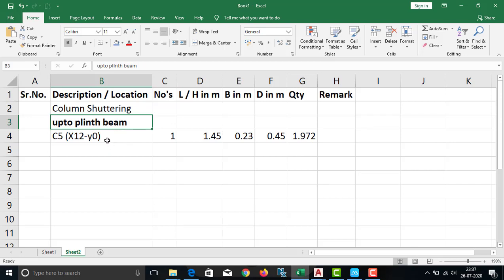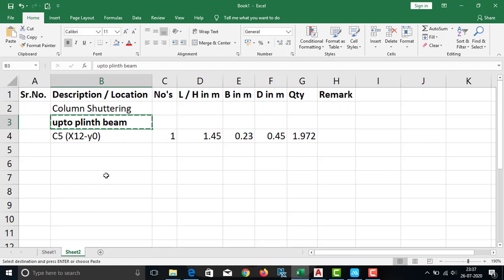So like this, first we have to find the shuttering quantity of all the columns up to plinth beam, and after finishing you can continue like this only.